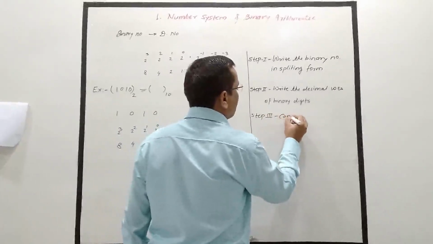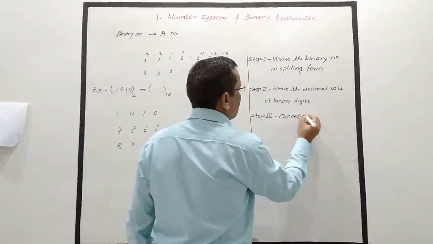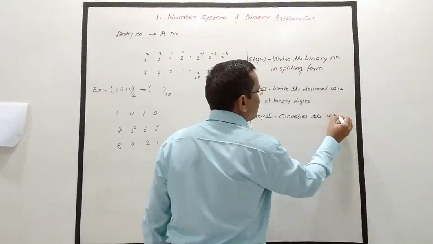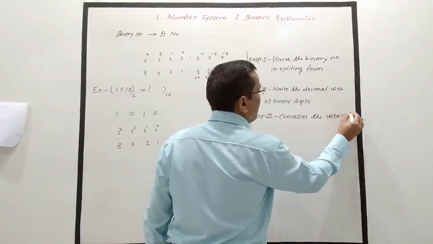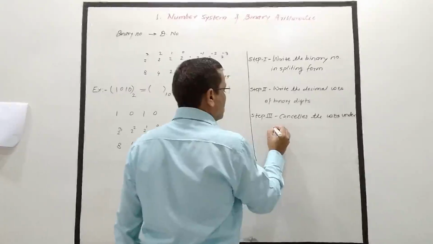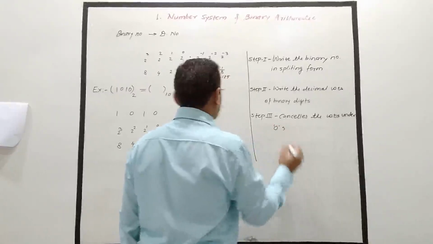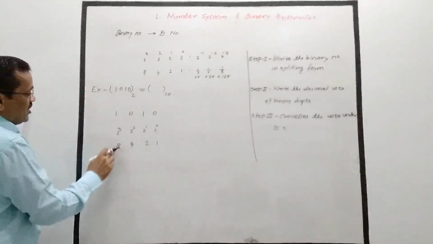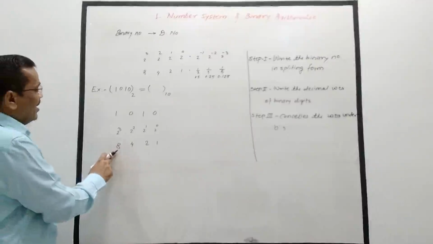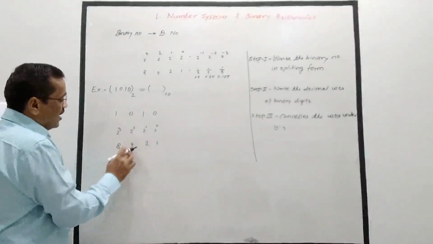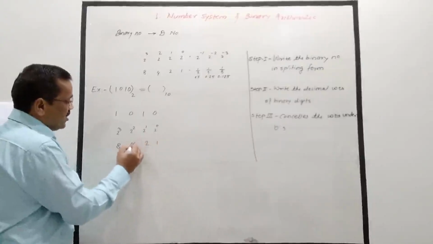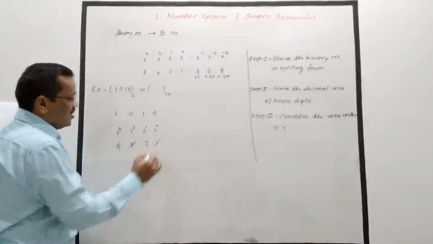Cancel the weights under zeros. That means this is 1, so its weight remains intact. 0 under 0, their weights are cancelled, so 4 is cancelled, again this 1 is cancelled.